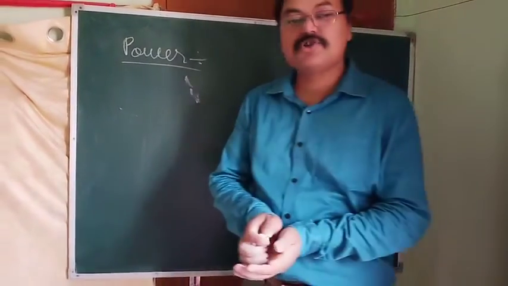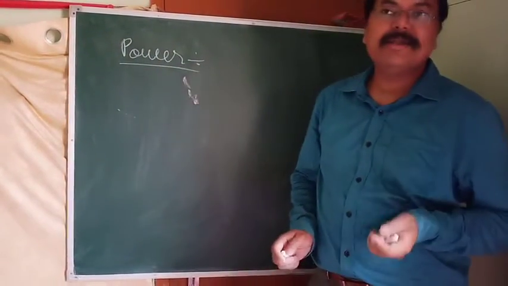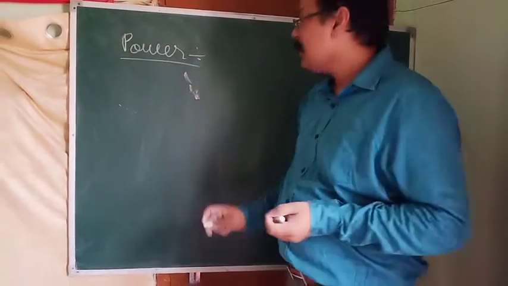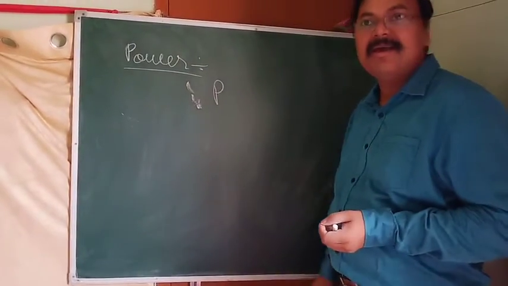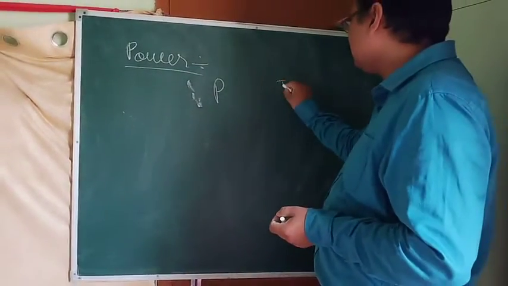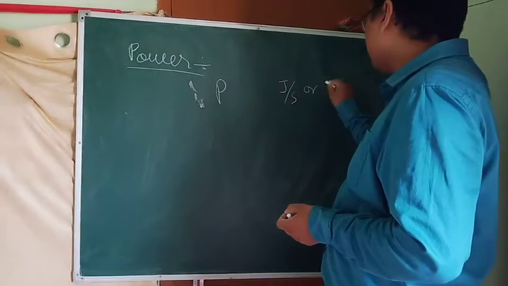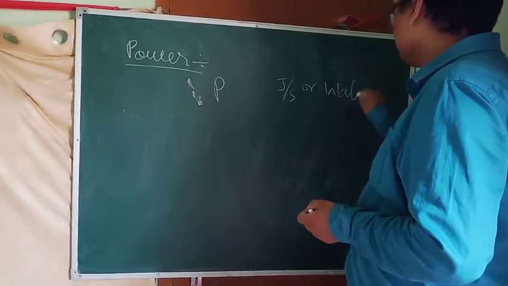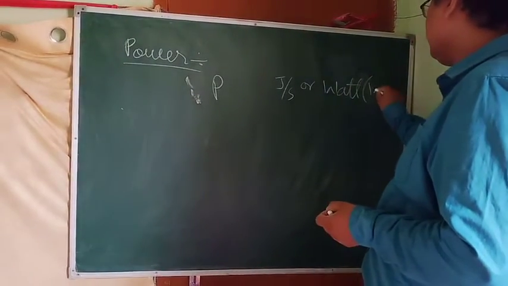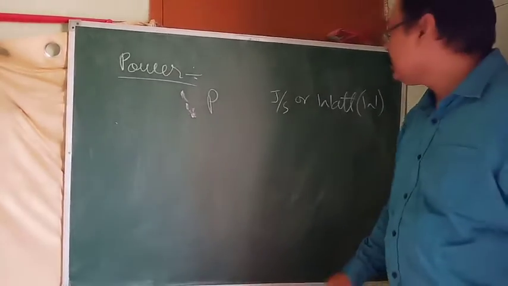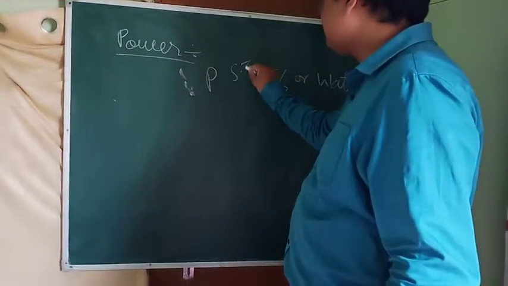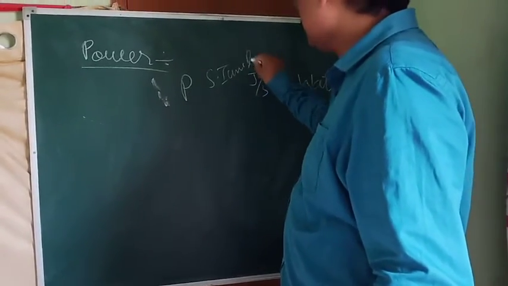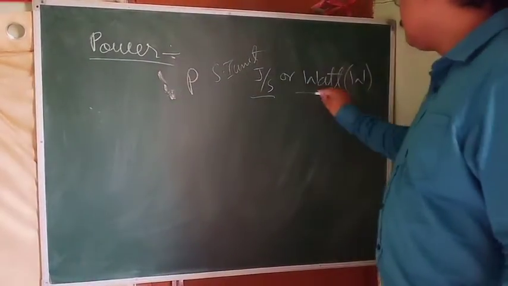Full stop. It is a scalar quantity denoted by capital P, and has SI unit joule per second or watt, which we denote by W. Okay, SI unit of power is joule per second or watt.